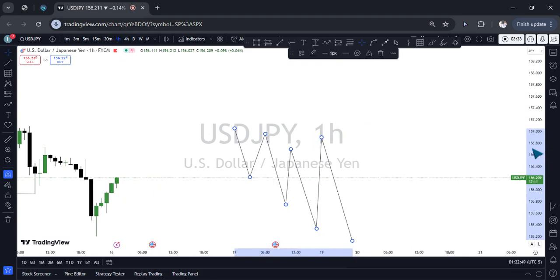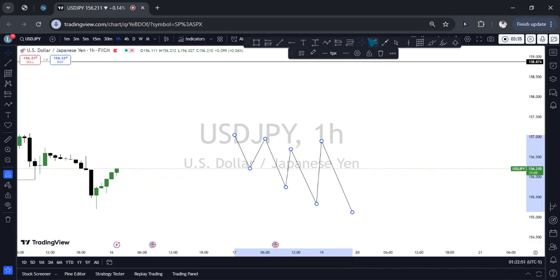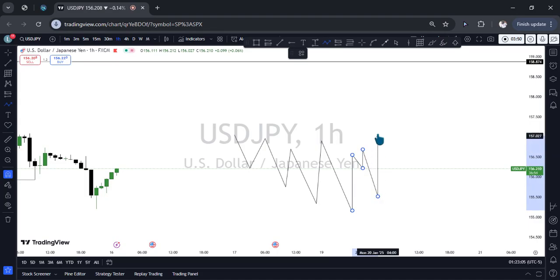So if the market wants to come back, it would either come back to do something like this, maybe engineer liquidity, or do something like this, right? Come back again to tap into this zone.